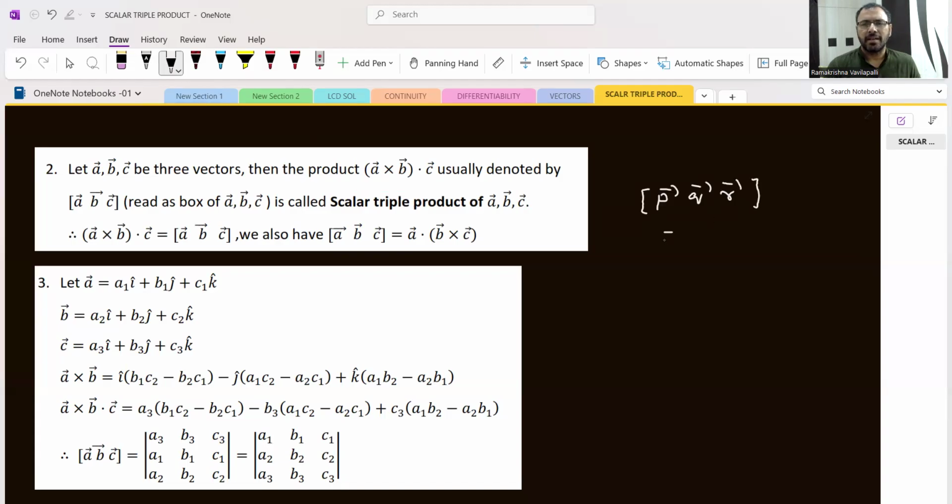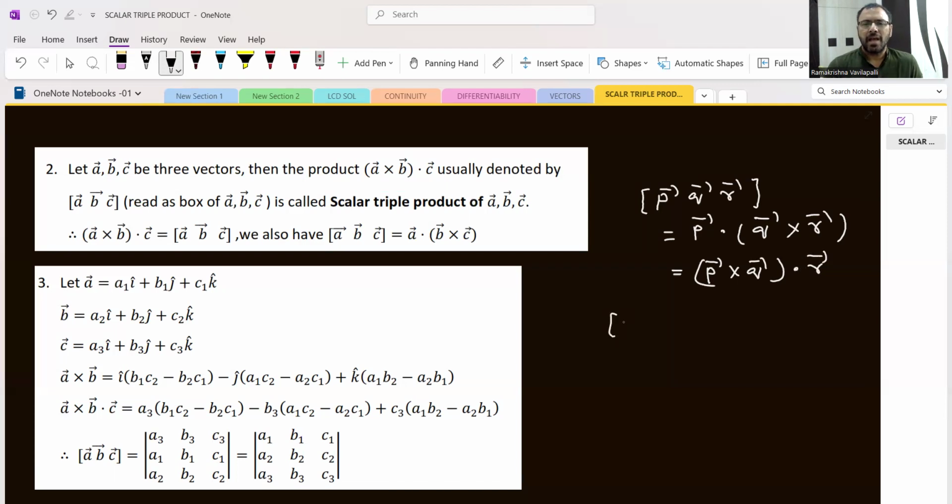You can write that this is P bar dot Q cross R, taking the cross product between two consecutive vectors, Q bar and R bar. Or you can write the first two vectors cross product, and this is dot R bar.